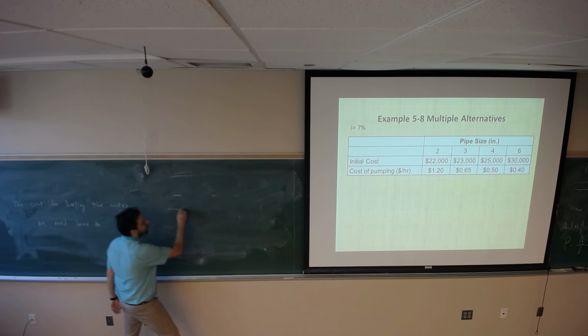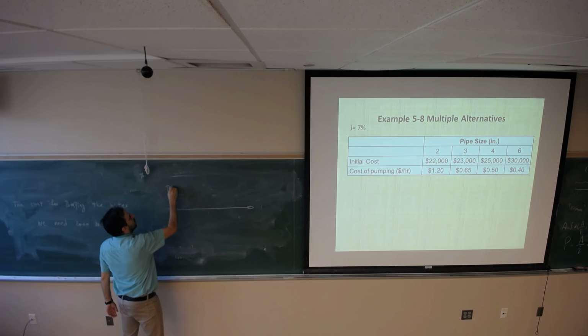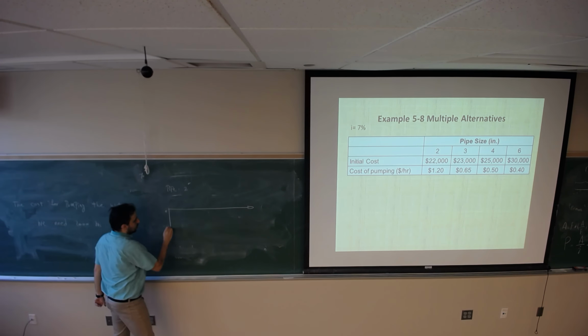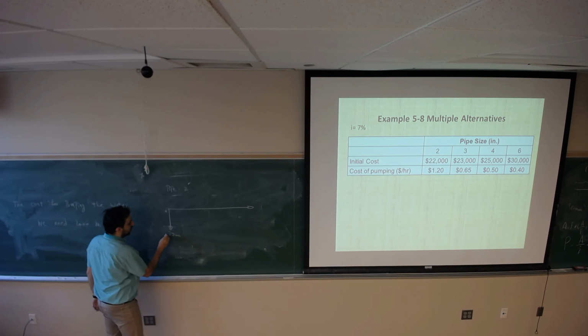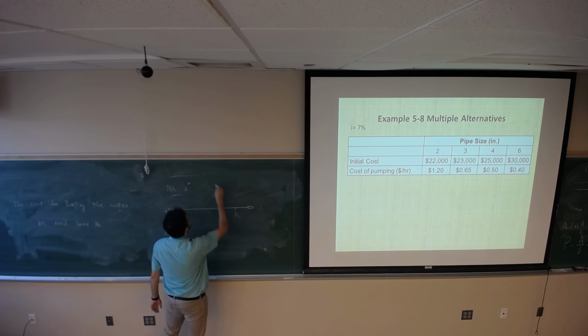So let me draw the cash flow diagram for part 2. You pay $22,000 for the pipe, and we want to work this for 5 years.